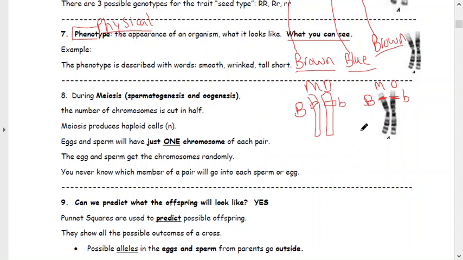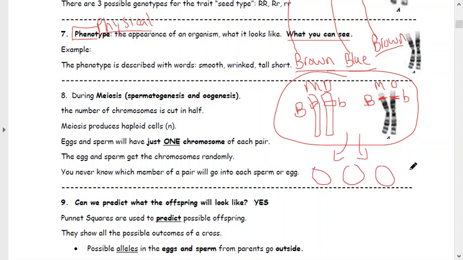Now, during meiosis, I'm not going to draw all the meiotic steps, but remember you have one parent cell, so here's a parent cell, and it gives rise to 4 daughter cells. 1, 2, 3, 4, and each chromosome is connected by a centromere, so we would have 2n equals 2 in our parent cell.